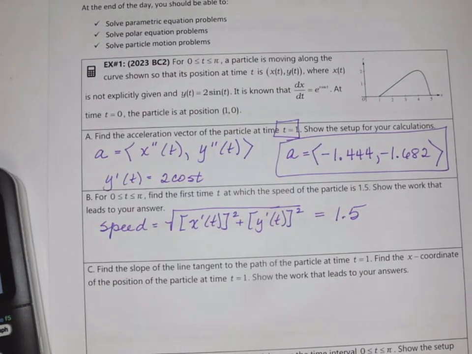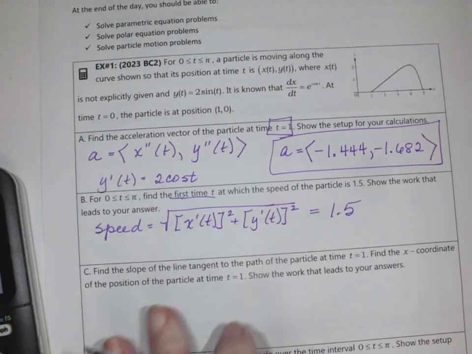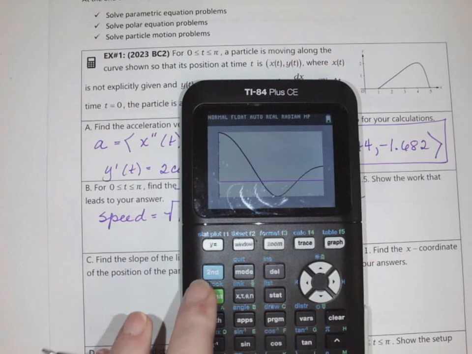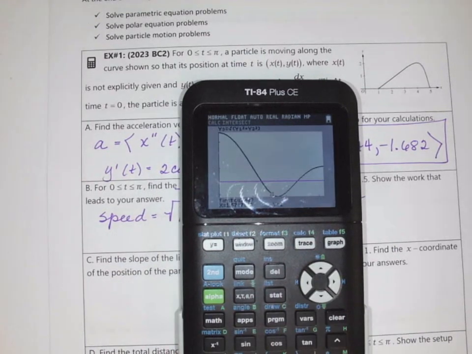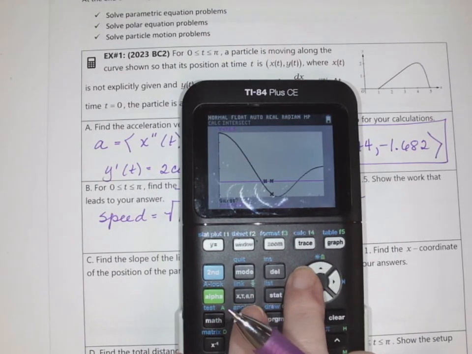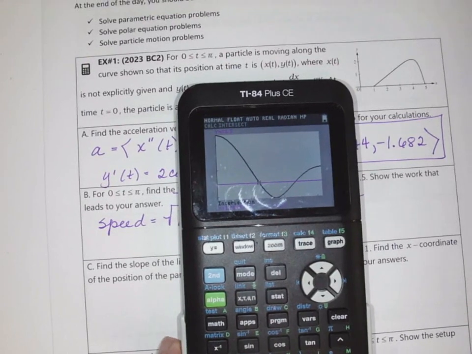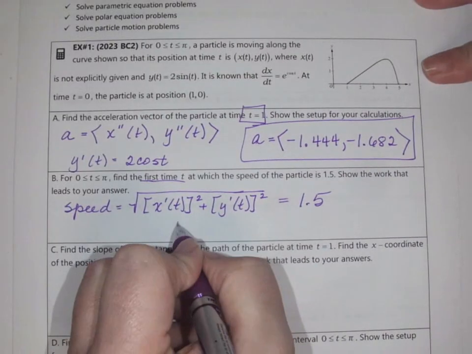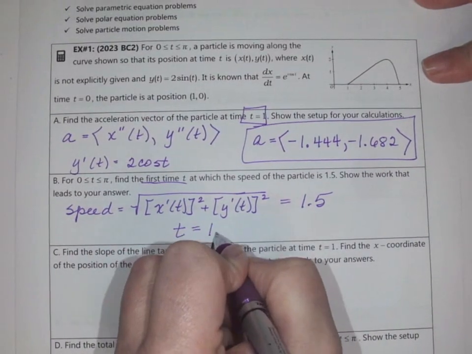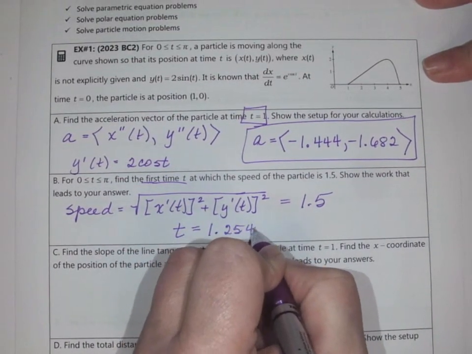And so it said the first time t at which the speed of the particle is 1.5. So I'm looking for this intersection right here. And so that gives me a t value of 1.2544. So that would be at t equals 1.2544.